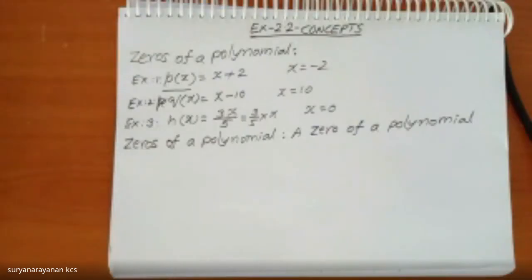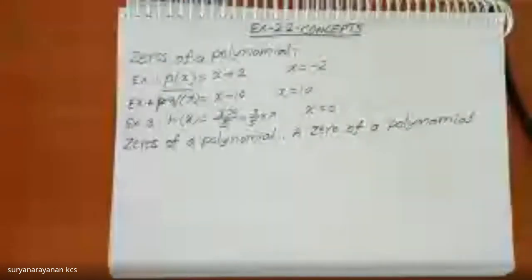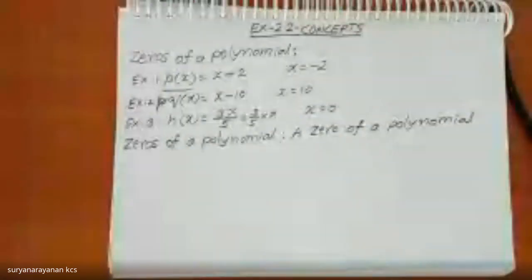Converting or writing non-terminating recurring decimals into a rational number, into the form of p by q. Okay, sir.